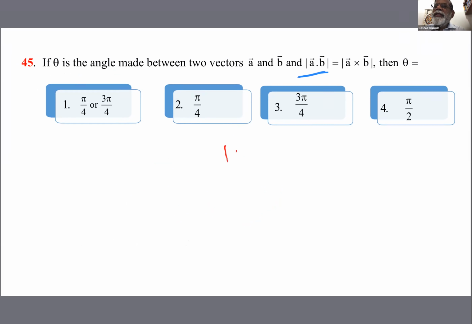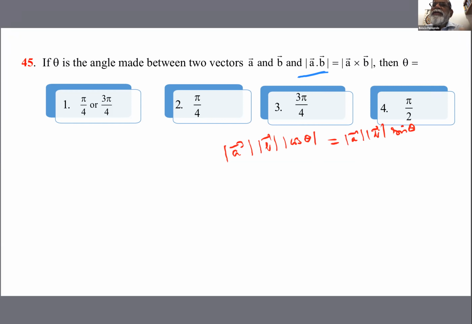So it is modulus A into modulus B into modulus cos theta, because cos theta can be positive or negative. Here modulus A into modulus B into modulus sin theta.